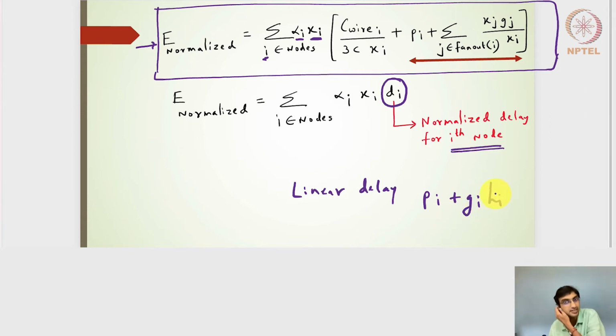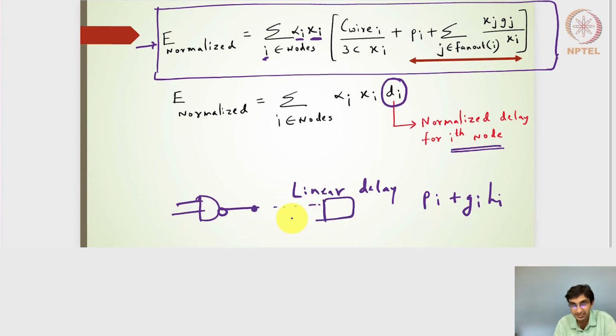If I consider the output of any particular gate, such as this 2-input NAND gate, connected to other combinational circuits, the delay di is nothing but the parasitics of this 2-input NAND gate, plus the logical effort gi and hi.